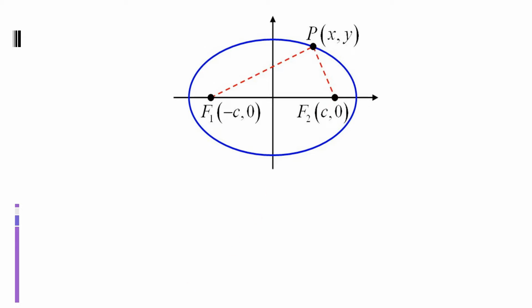Now the question is, ano yung fixed number na yon? So kapag nilipat ko yung point dito, ganoon ulit dapat. Yung distance niya from F1 plus yung distance niya from F2, dapat fixed ulit yon. But what is that fixed number?